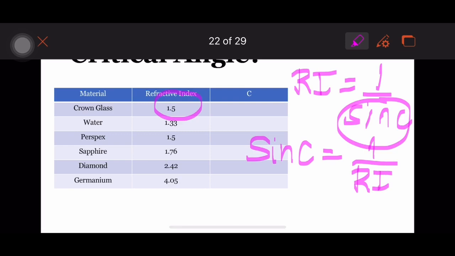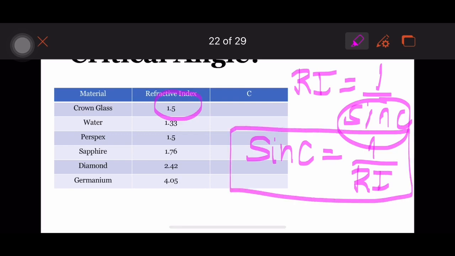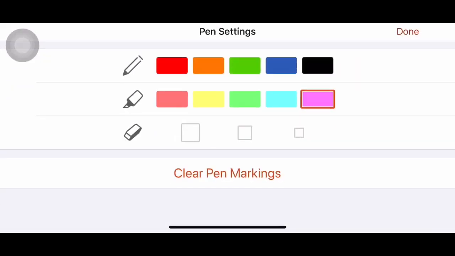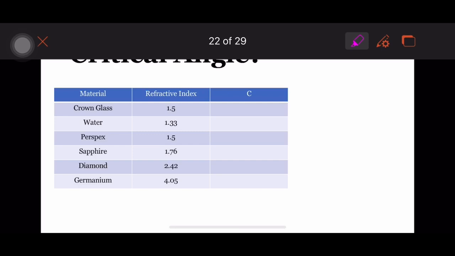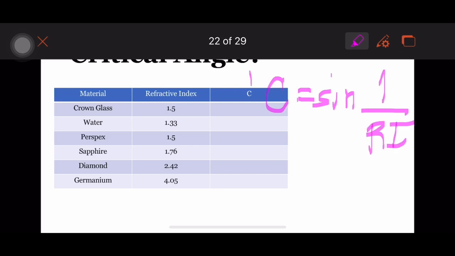Now, this is the new equation. We only need the angle C, not the sine of the angle C. Therefore, we're going to use the inverse sine of that. So C now is equal to the inverse sine of 1 divided by the refractive index. So this is the formula that we can use for finding the critical angle.